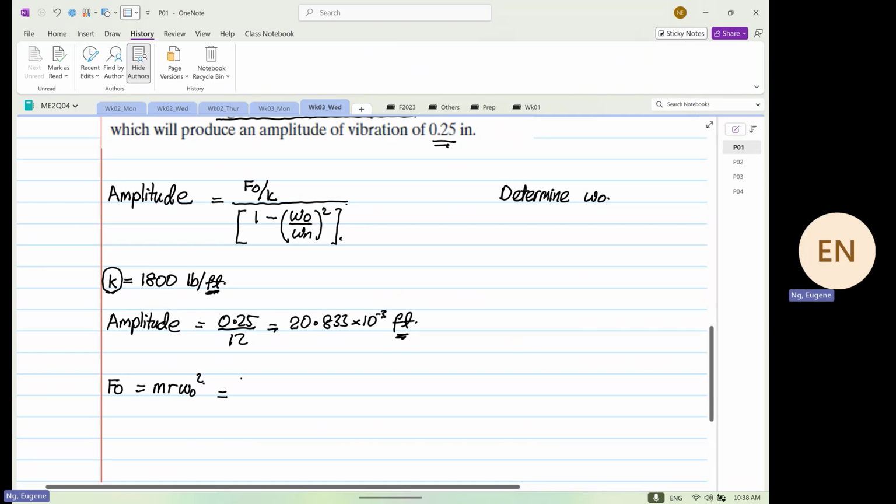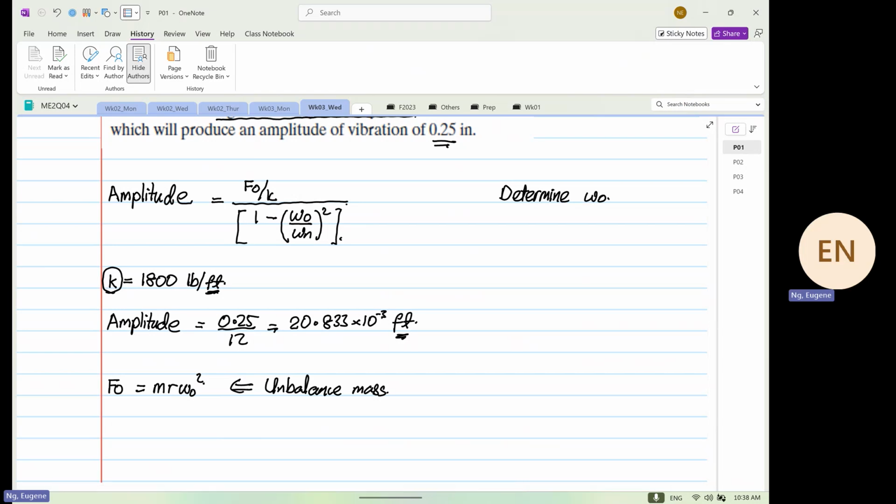And we know now for this, let me write, this is due to the unbalanced mass, not the entire weight of the motor. Are we clear?